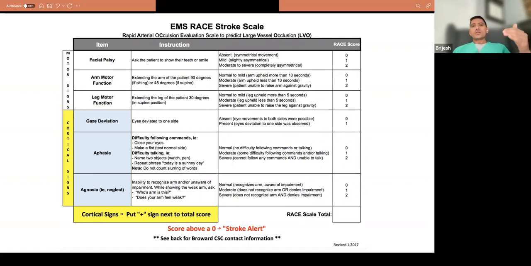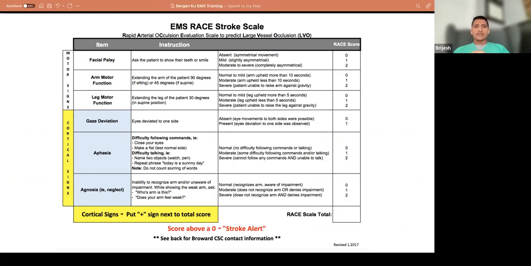Then you want to go to their left side, because if they're turned this way and you start your assessment on the right side of the stretcher and the patient's looking the other way, they're not going to recognize you and be able to promptly follow the commands that you're asking them. Always go to the side that they're looking. And that way they see you. There's a higher chance that they'll acknowledge you compared to if you're on the other side of where their head or gaze is deviated.